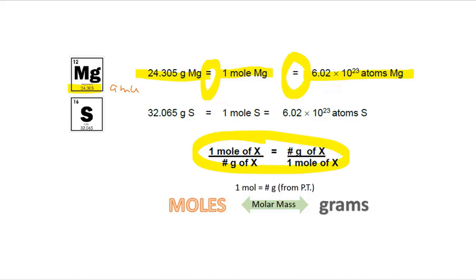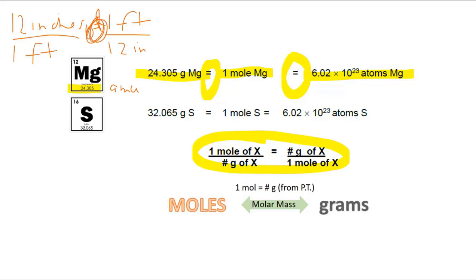Remember when we said that 12 inches was equal to 1 foot, we could also say that there's 12 inches per 1 foot, or in 1 foot there was 12 inches. And we would take this and say, okay, which one of these am I using, this conversion factor or this conversion factor? So we're going to do the same thing for this.